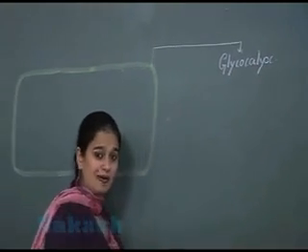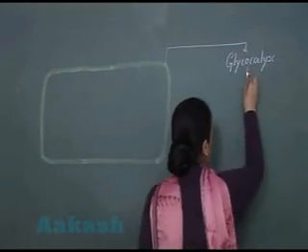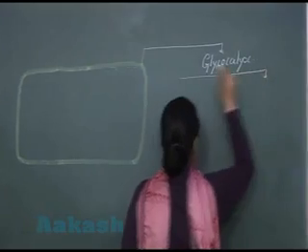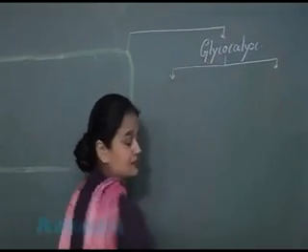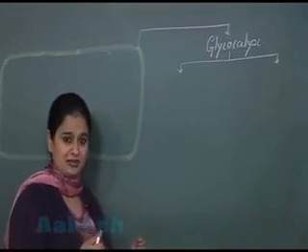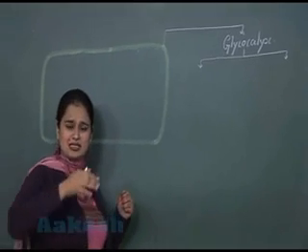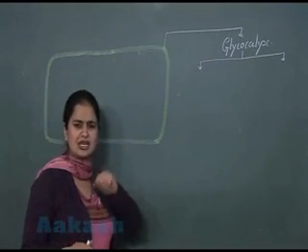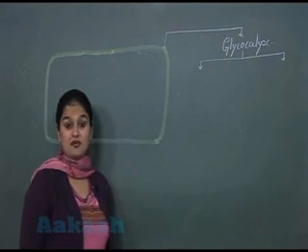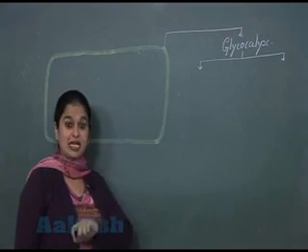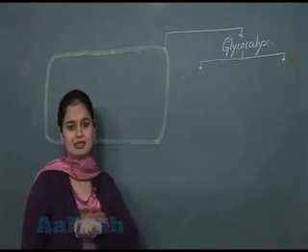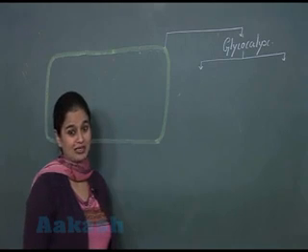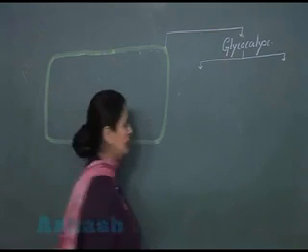Now this glycocalyx can be of 2 types, 2 categories we will be studying here. Sometimes this glycocalyx is in the form of a loose sheath. It is thin and gelatinous. This type of glycocalyx is known as slimy layer.